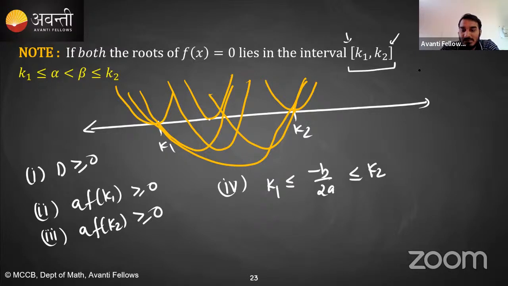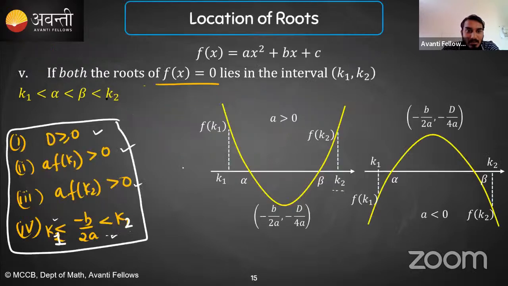See, in the previous case, what was the condition? Your alpha and beta were between K1 and K2, strictly open. That's why we were getting strict inequalities: A into f of K1 is greater than 0, A into f of K2 is greater than 0.